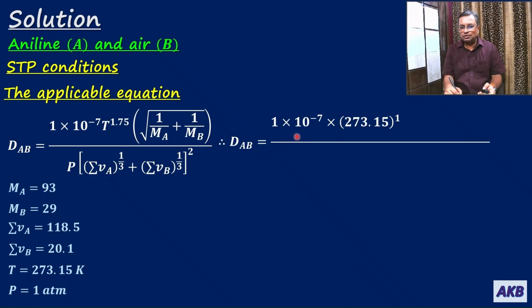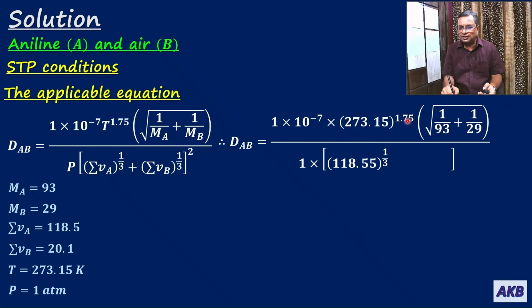So DAB will be equal to 1 into 10 to the power minus 7 into 273.15 raised to 1.75 into the square root of 1 by 93 plus 1 by 29, divided by 1 into the square of 118.55 raised to 1 by 3 plus 20.1 raised to 1 by 3.